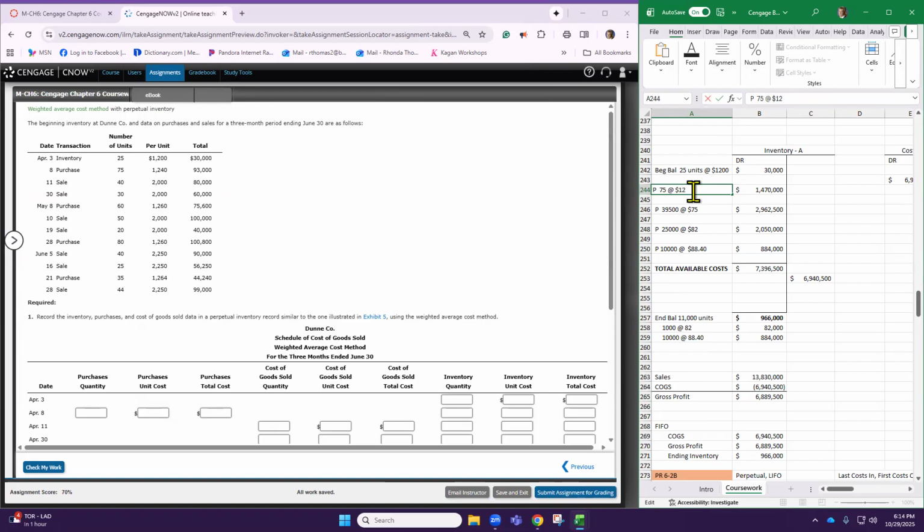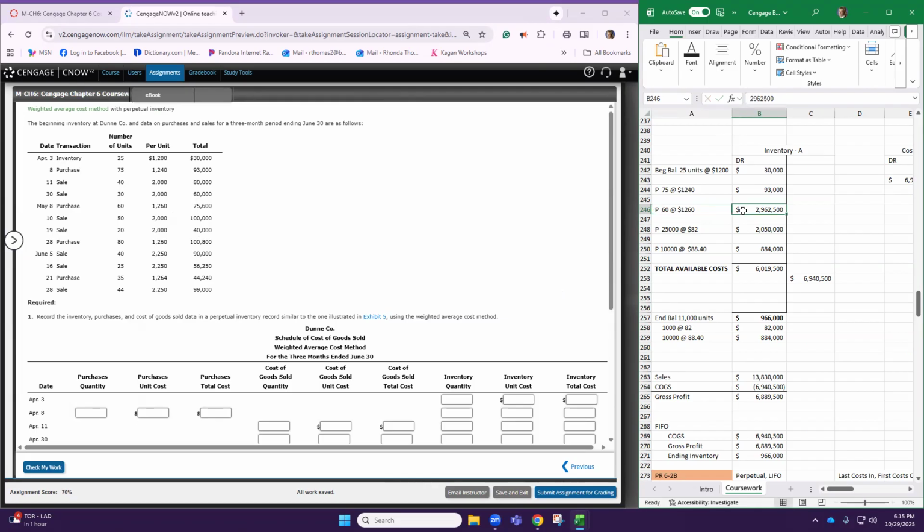Okay, so we can put in that number from the problem. It's $93,000. Then the next purchase is 60 at a cost of $12.60.